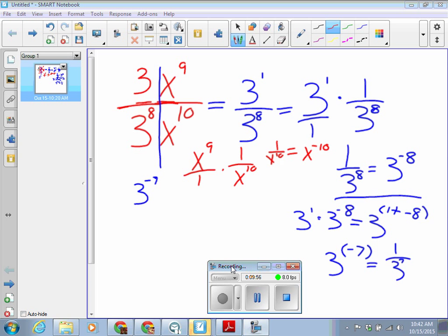And if I write these together, what I know is equivalent: my x to the 9th times x to the negative 10th. I know I'm adding now, so I have x to the 9th plus negative 10.